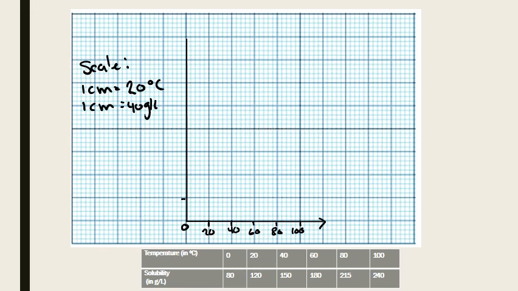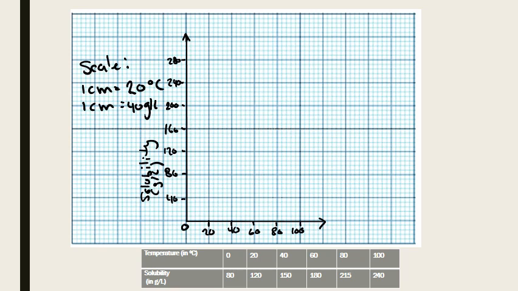And here every 40: 40, 80, 120, 160, 200, 240, 280. And remember, we have to label this axis as well. Solubility, and the units are grams per liter.